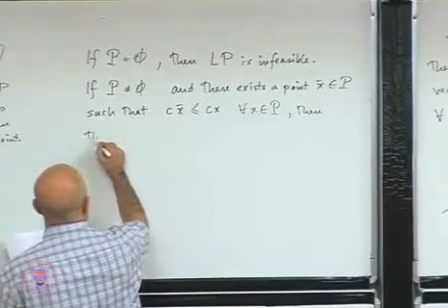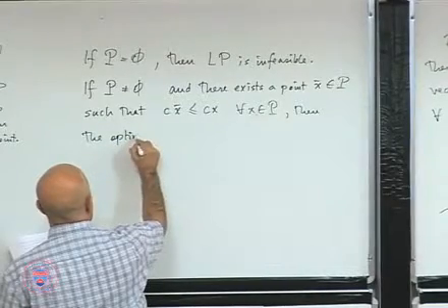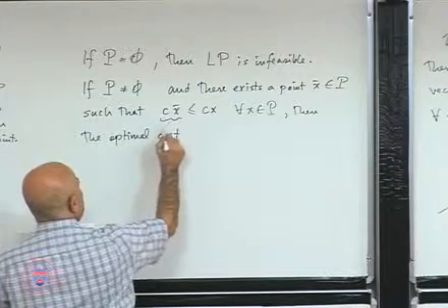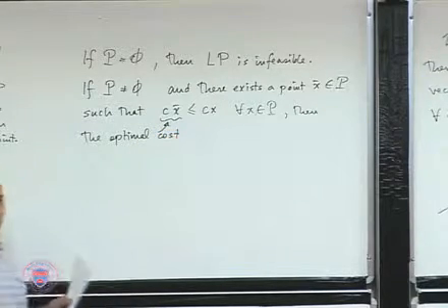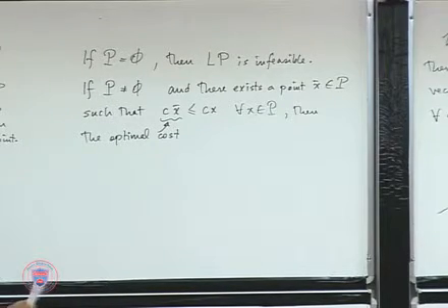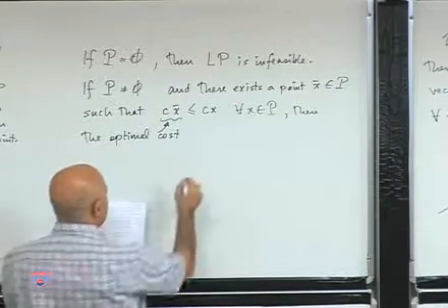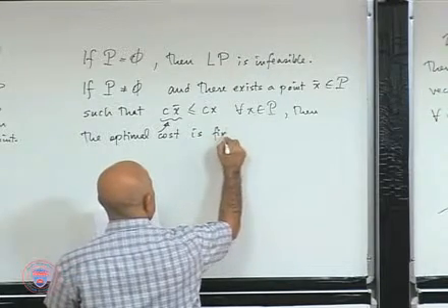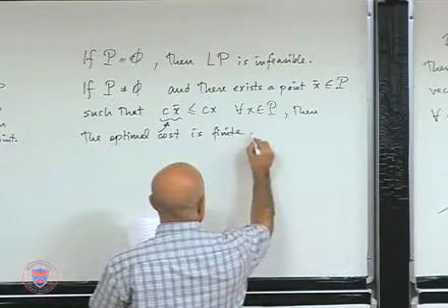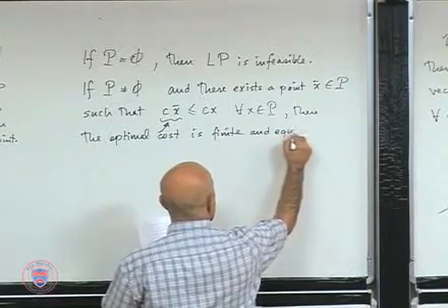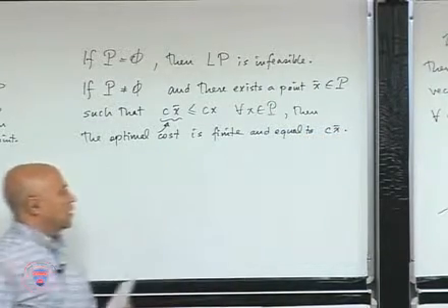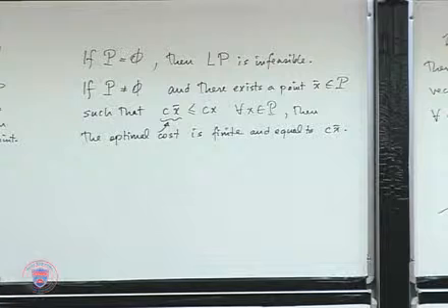So the optimal cost is the value you get from the dot product of c with x bar. That number, the optimal cost, is finite and is equal to whatever you get from an optimal solution.